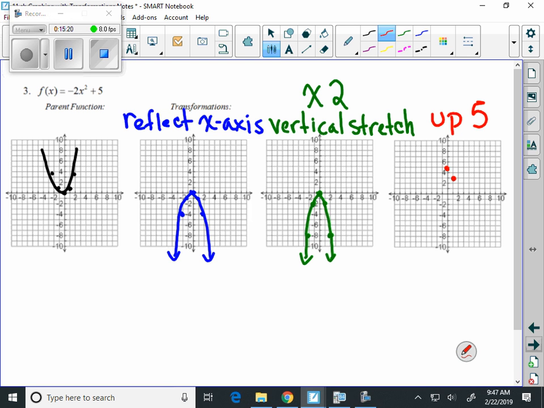It's going to become 2, negative 3. Negative 1, negative 2 is going to become negative 1, 2. And negative 2, negative 8 is going to become negative 2, negative 3.